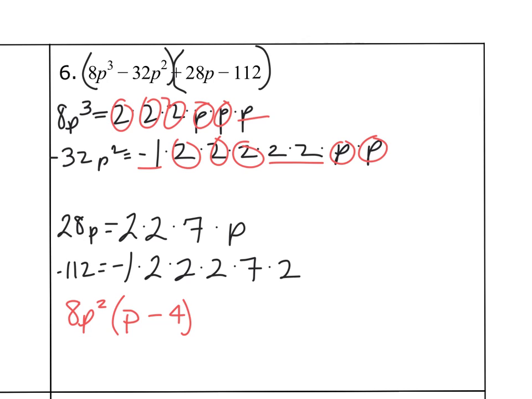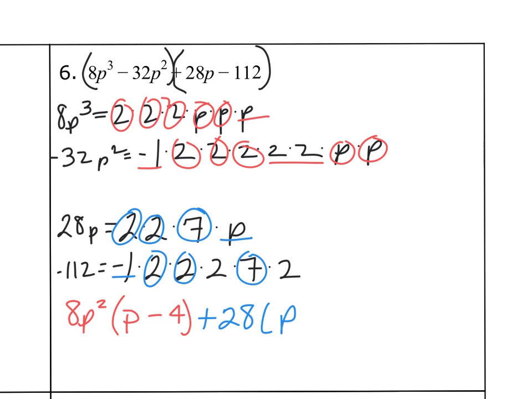All right. Now my second 2. 2, 2, 7. Well, that's it, right? So 2 times 2 times 7 is 28 times what's left over?